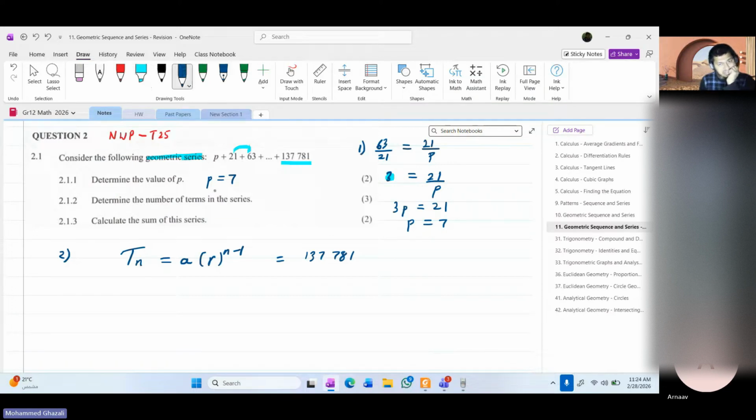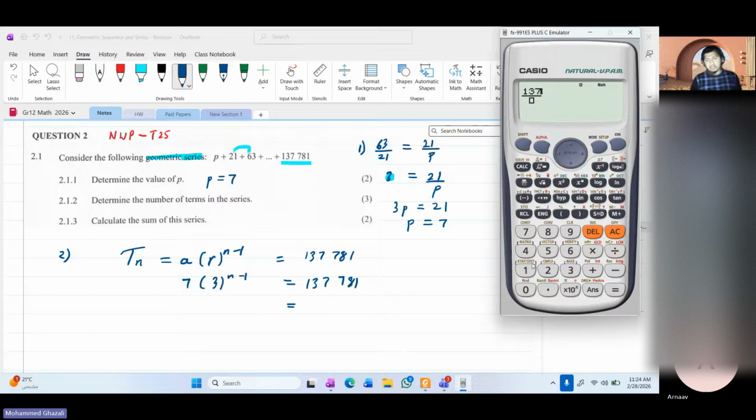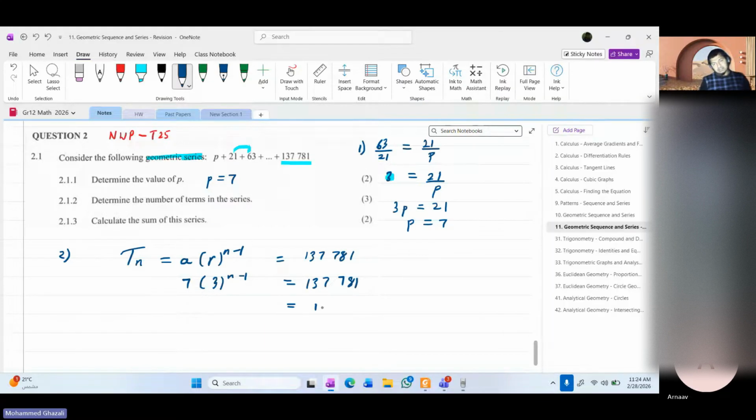So A is 7, R is 3, so 7 times 3 to the power n minus 1 is equal to 137,781. Okay, so that's why that went off. Sorry about that. So 137,781 divided by 7, all right? 19,683.